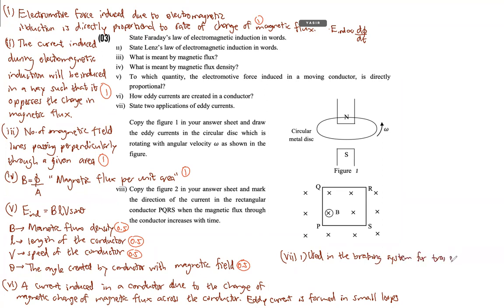When there is an eddy current, a rotating disc or something will slow down, people. So in trains, we use eddy current to slow down the train. The brakes alone are not enough to stop the train. Train is huge. It has a very big momentum. So we need the assistance of eddy current. And what else?